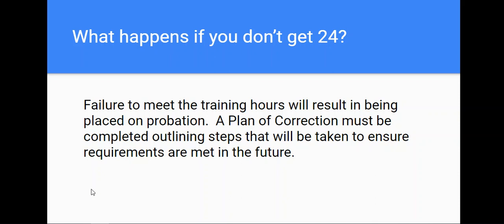But it is not hard to meet the training requirements. In the 2018-2019 training year, 99.6% of all coordinators met the training requirement. There are lots of training opportunities, so if you have trouble getting 24 hours, please reach out to your regional program managers or the training specialist.